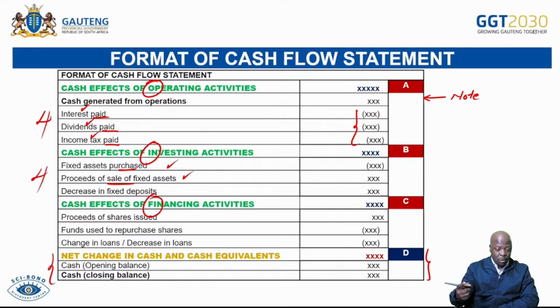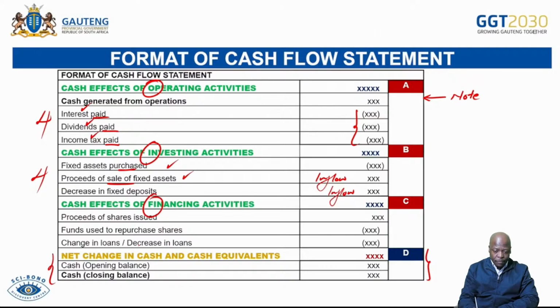But when we dispose of an asset, we are selling a fixed asset, it will be a cash inflow because we have sold an asset and cash is flowing in. And then we have an increase or a decrease in fixed deposits, whereby a decrease in fixed deposits will be an inflow. This shows that our fixed deposits have decreased, so they've matured, and we receive the cash as a cash inflow.